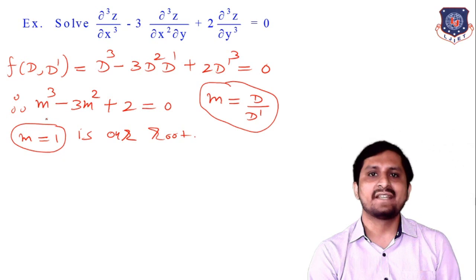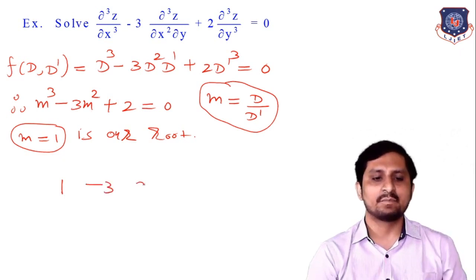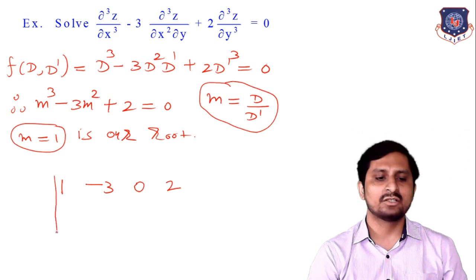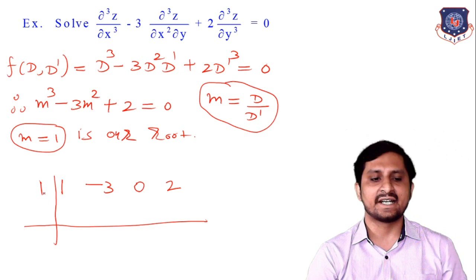First of all I write the coefficient of m cube, that is 1, then the coefficient of m square, that is minus 3, then the coefficient of m, that is 0, and the constant term, that is 2. What is my one root? One root is 1, so I write here 1.